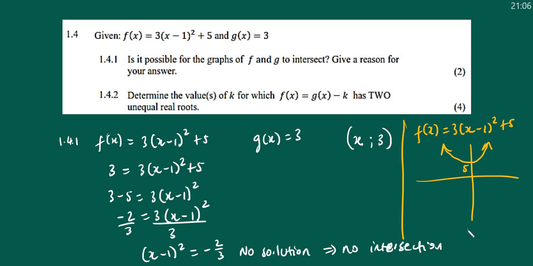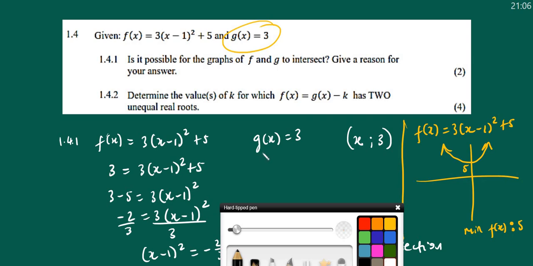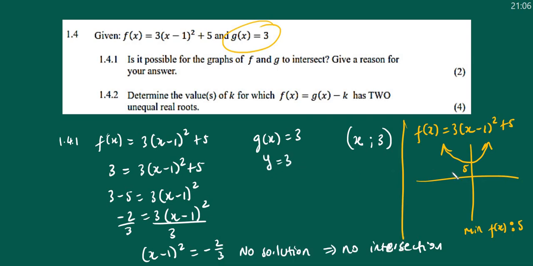Then g of x is equal to 3, a horizontal line, which can be written as y is equal to 3. So it's a horizontal line passing through here, which means those graphs can never intersect. Therefore, no intersection. That is another way of looking at it. Right, then we can go to 1.4.2.